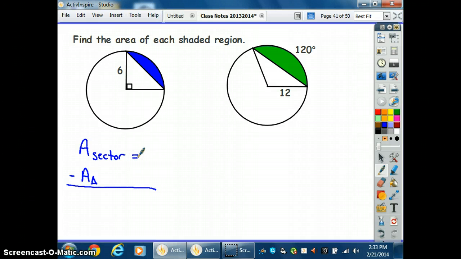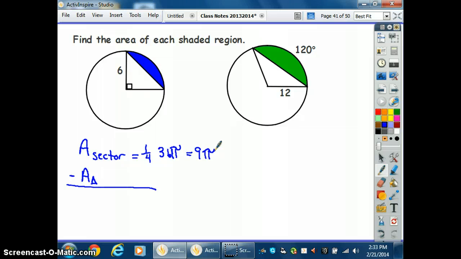You notice that the area of the sector is 1/4 of the circle, and remember area is pi r squared and the radius here is 6, so 6 squared is 36 pi. Then if we take 1/4 of that, we end up with 9 pi.